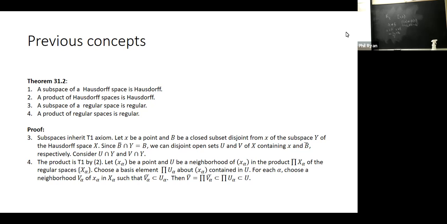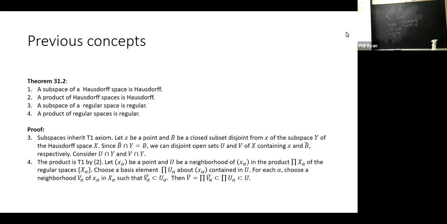For each index, choose a neighborhood of our point in that one particular regular space, such that the closure of that neighborhood is contained within that open set. We can do that because each of the spaces is regular.